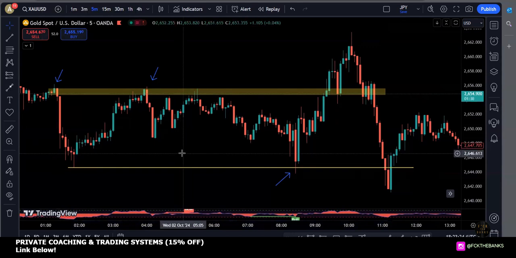Above and below those areas, there's going to be a lot of pending orders, stop losses especially. And as I said before, these banks and institutions want to get the best price. Remember that all of these little orders from retail traders are basically like gas, like fuel for price to continue going into the opposite direction.